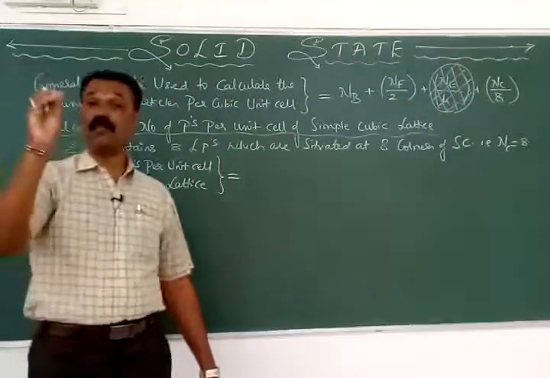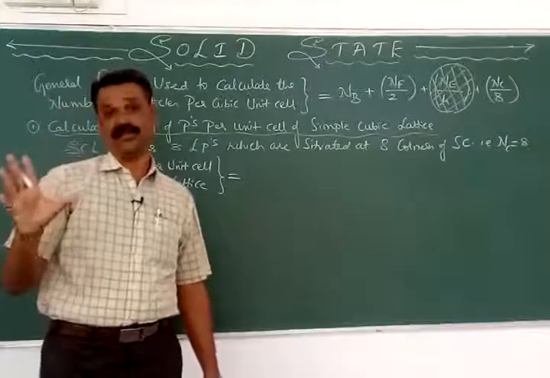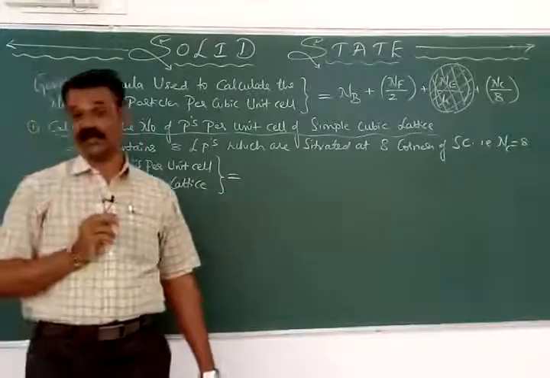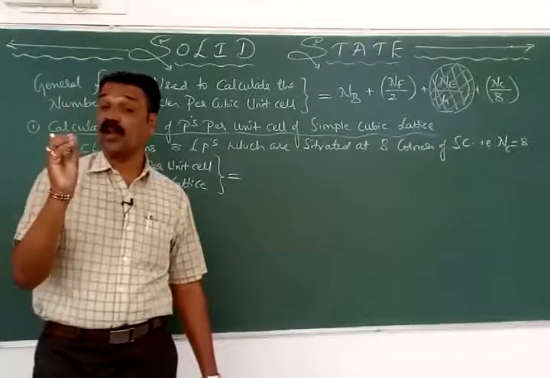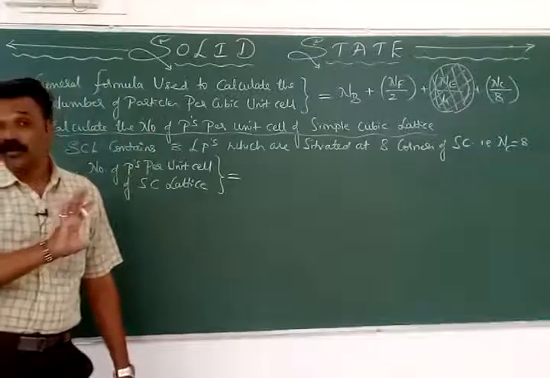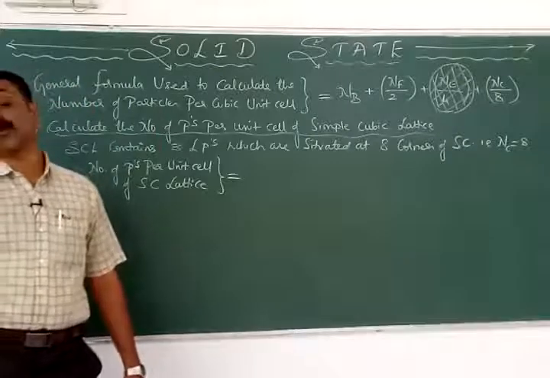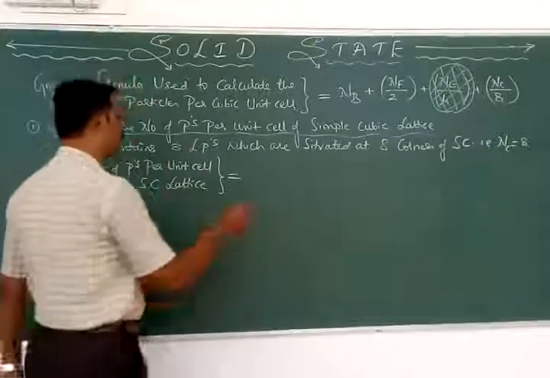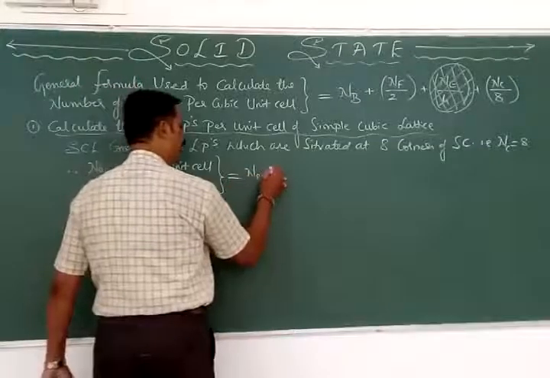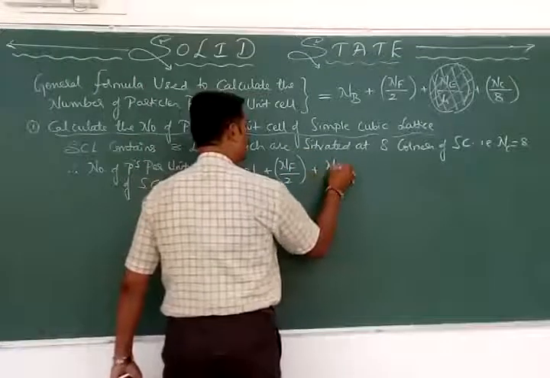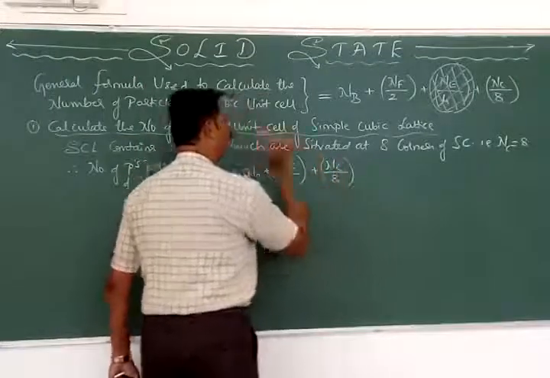If it is simple cubic, the particles are only at corners. If it is body-centered, the particles are at corners along with body centers. If it is face-centered cubic lattice, it is the corner particles along with the face-centered particles. Therefore, we are no way concerned with the edge center, so I am deleting that. Therefore, what is the formula here? It is NB plus NF by 2 plus NC by 8.